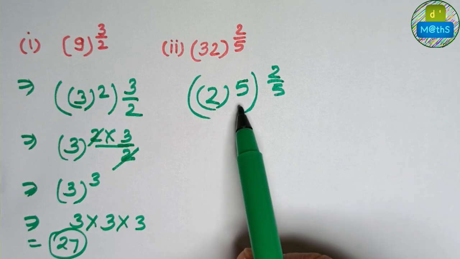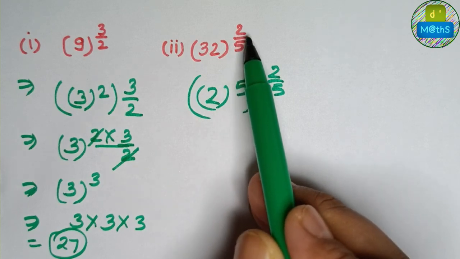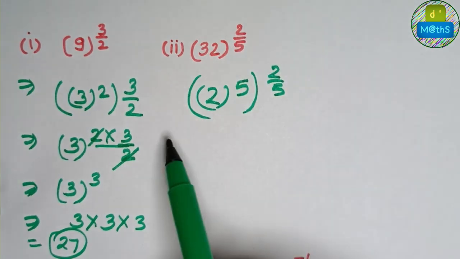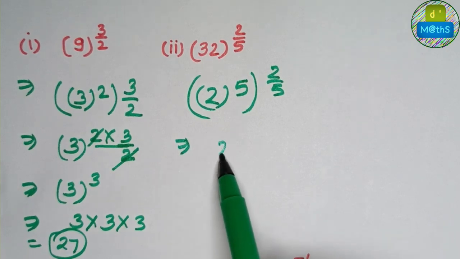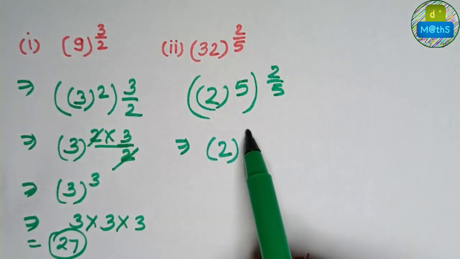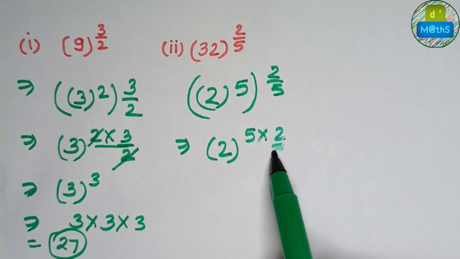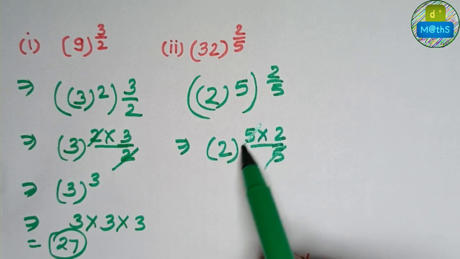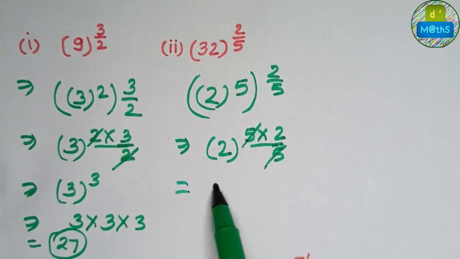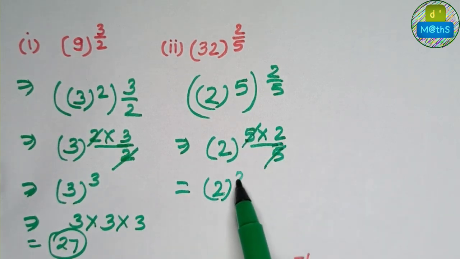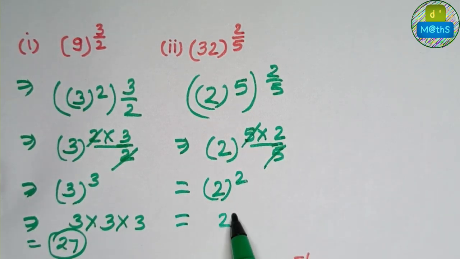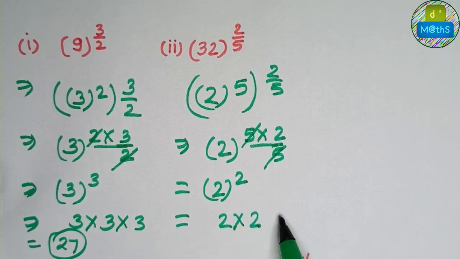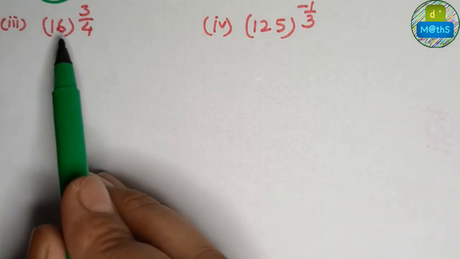As per the law of exponents, you have created your question in the form a to the power m, whole to the power n, so both the powers will multiply together. Now when you multiply 5 into 2 upon 5, the 5s cancel out and you will have 2 to the power 2 only. 2 to the power 2 means 2 into 2, and hence 4 is your answer.